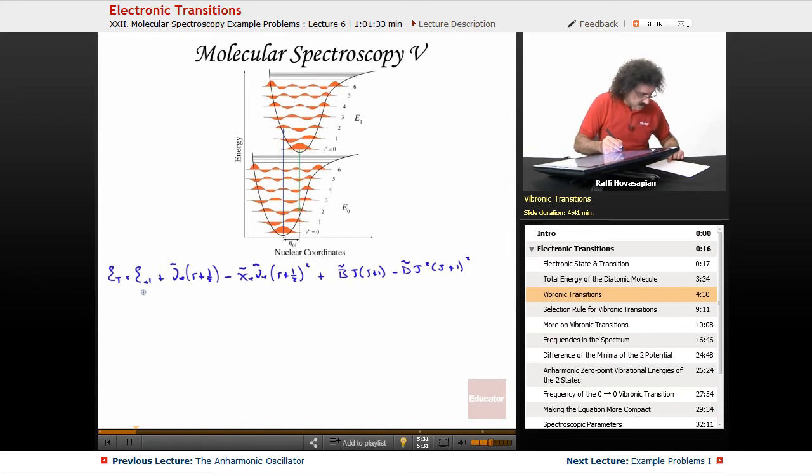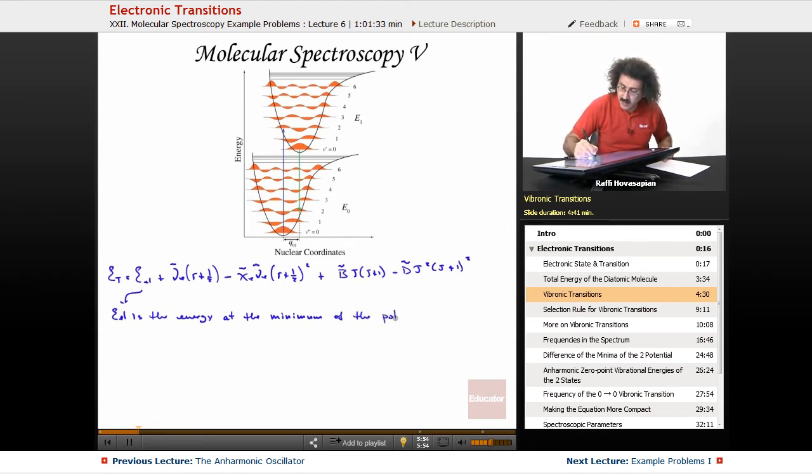E electronic is the energy at the minimum of the potential energy curve.